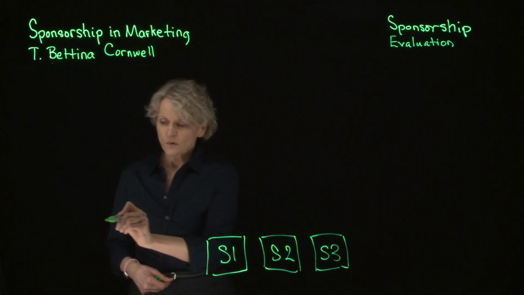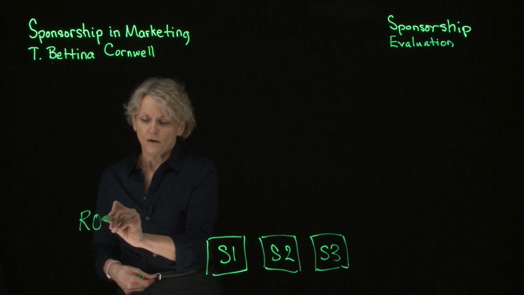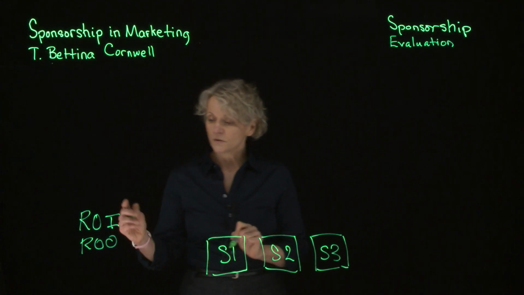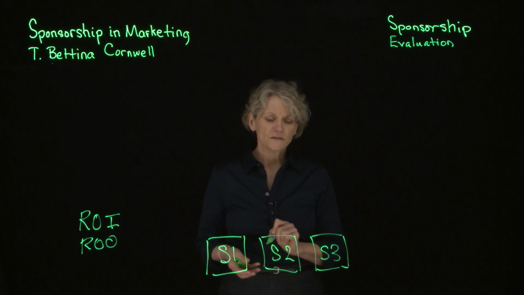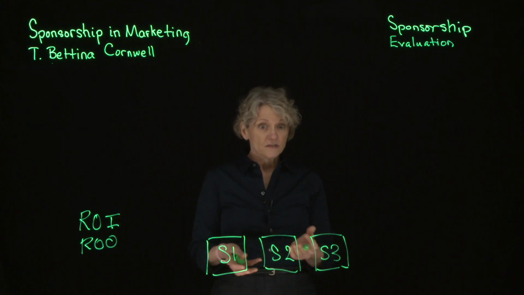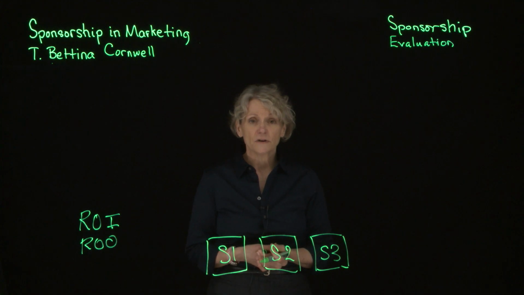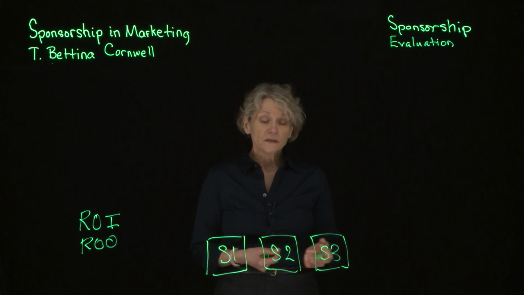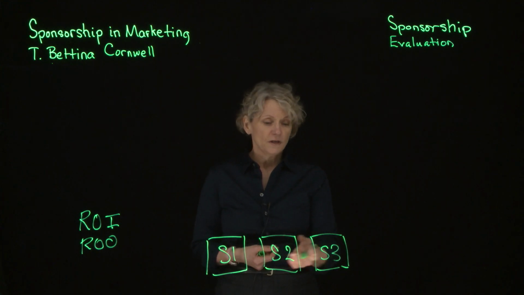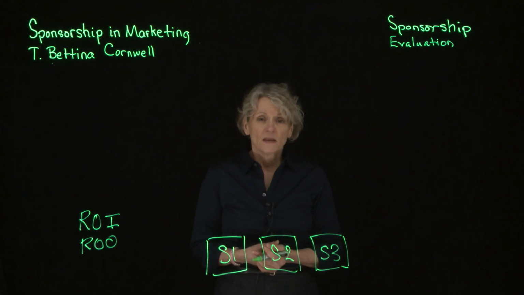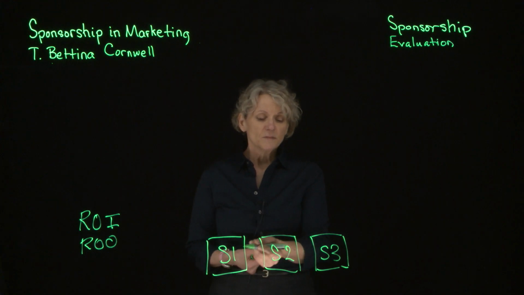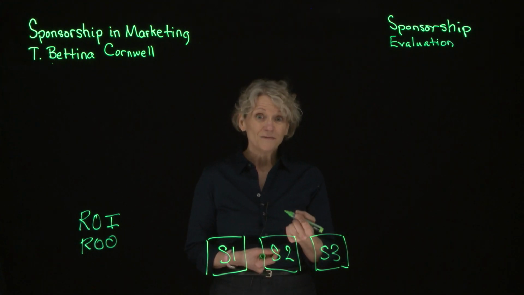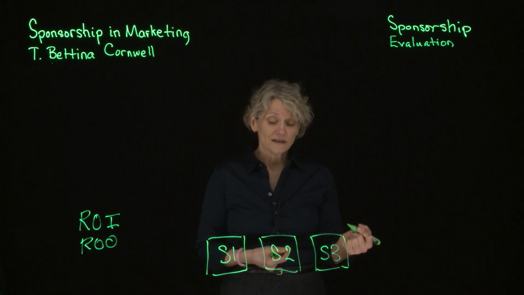Typical measures include ROI and ROO, so return on investment, return on objectives. We might have sales as a return on investment objective for each one of them. We might have awareness building or image development for any of the three or all of the three. But our question is, do we have similar measurement for each one? And if we don't, that influences our evaluation process.